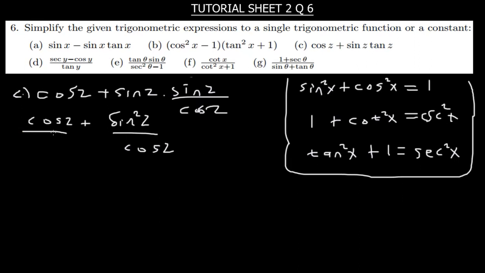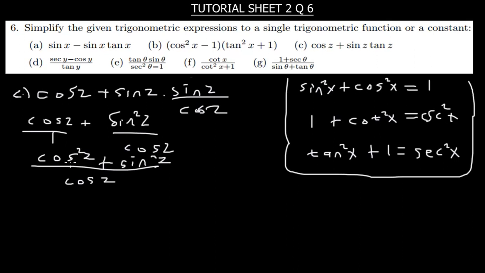Now we move on to the properties of fractions. You find the common denominator, which is cos z. Then 1 times cos, you get cos squared z here, and then plus sine times sine, you get sine squared z, like that.